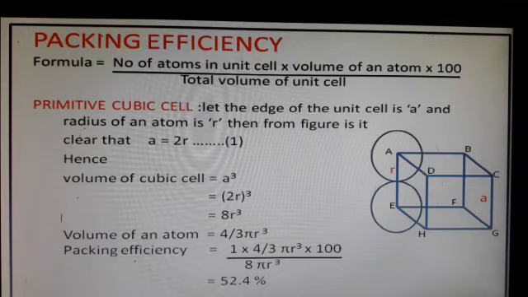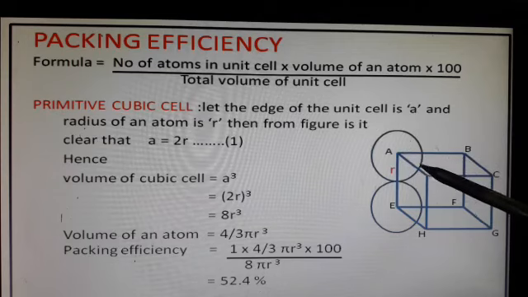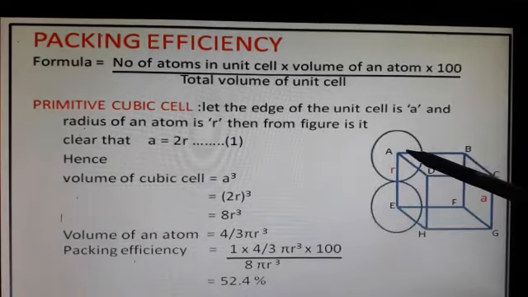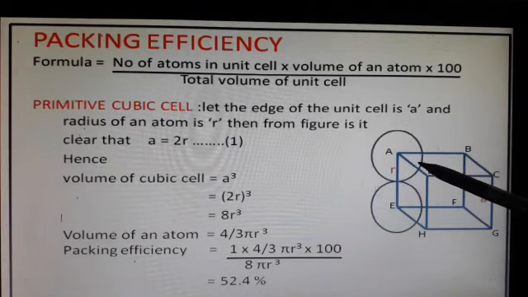Simple. So let's see first primitive cubic cell or simple cell. To calculate the packing efficiency, we will see first the picture. In this picture you can see very clearly that this is a cube, and the definition of simple cube is when the atoms are present only at corners.